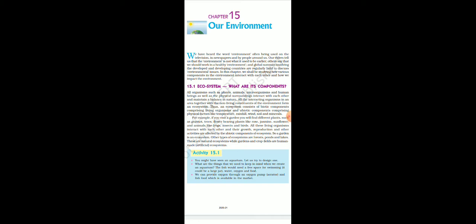The examples of ecosystems are grassland, forest, desert, mountain, pond, lake, river and sea. Any organisms such as plants, animals, microorganisms and human beings, as well as physical surroundings, interact with each other and maintain a balance in nature. I told you it's basically an interaction between living and non-living surroundings.